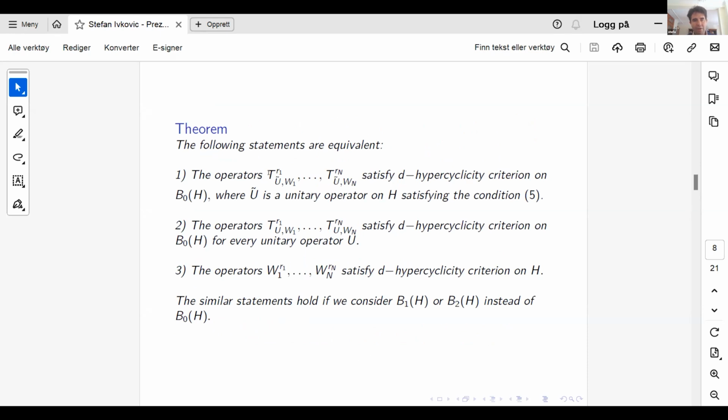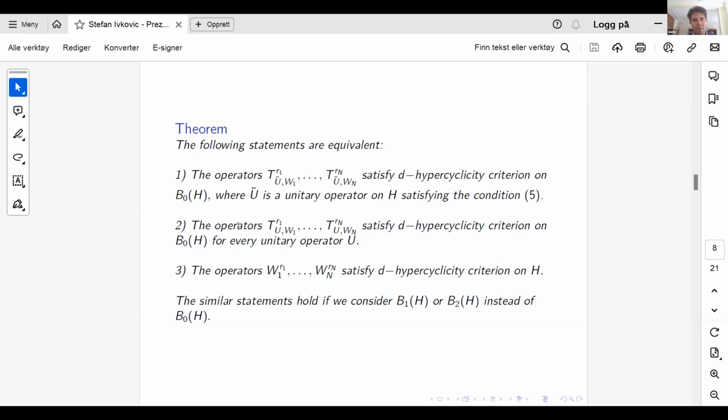The first one is that these operators satisfy the hypercyclicity criterion on B_0(H), where U tilde is now a unitary operator on H satisfying the condition 5. So now it is a particular unitary operator which satisfies this condition. But let us look at the second statement.